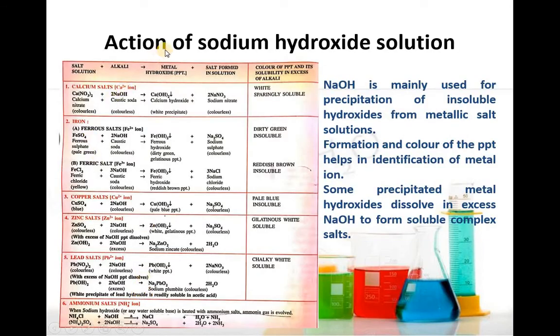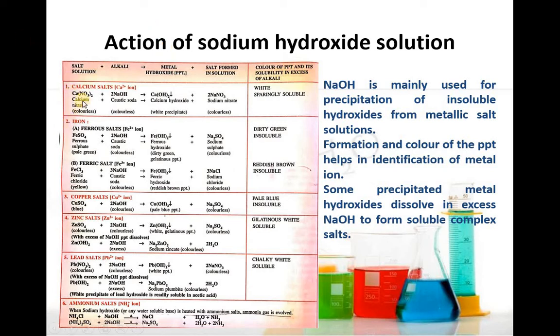Now, what is the action of sodium hydroxide solution? Sodium hydroxide is mainly used for precipitation of insoluble hydroxide from metallic salt solution. Formation and color of the precipitate helps in identification of metal ion.